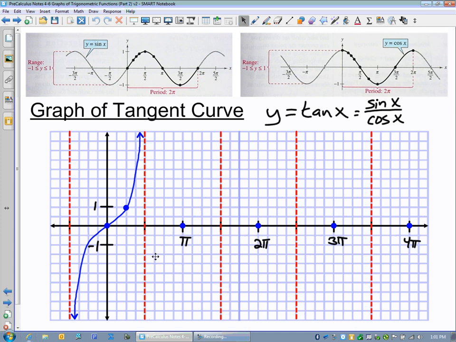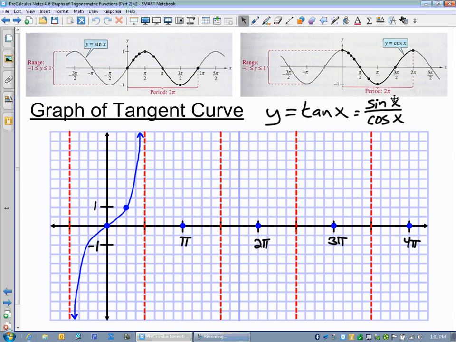Now if we look at the next region between the two asymptotes, this would be quadrant 2 and quadrant 3. For quadrant 2, if we think of our x and y's, we're going to have a negative x and a positive y.